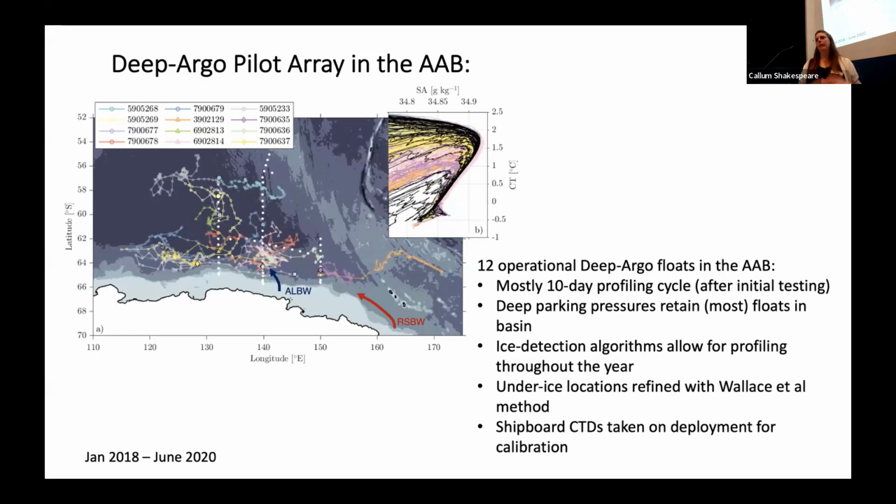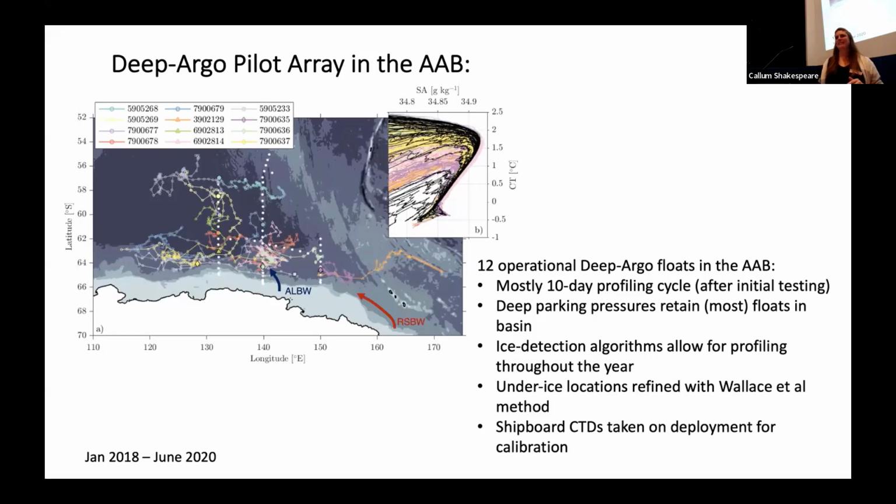So it's better than a straight line, which is the next best thing, really. We took CTDs on deployment of each float so that they could be calibrated individually. I think that's all I need to say about the floats.